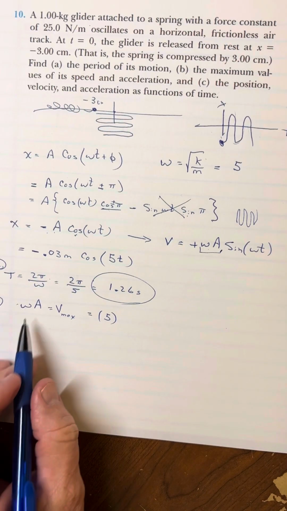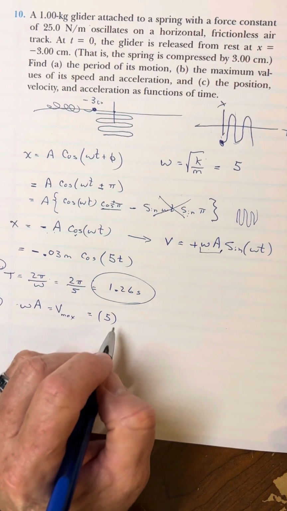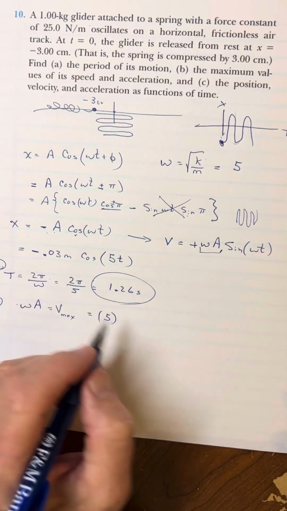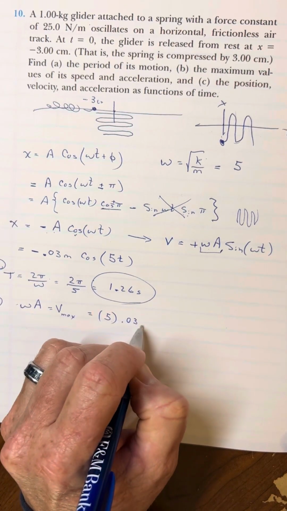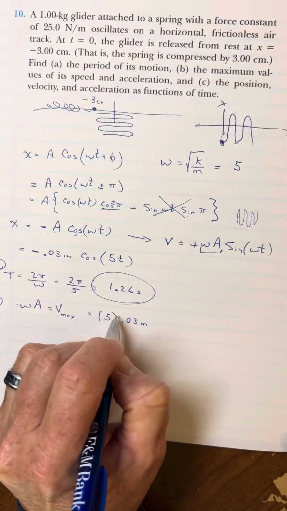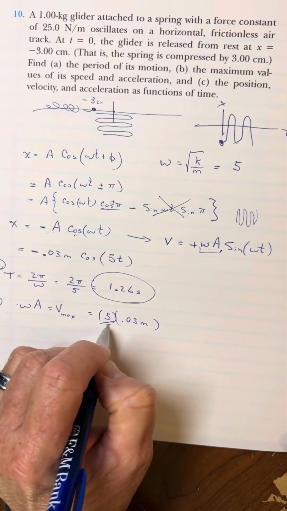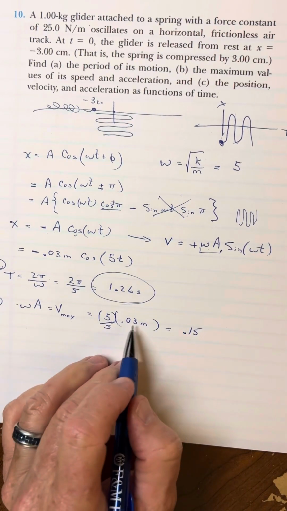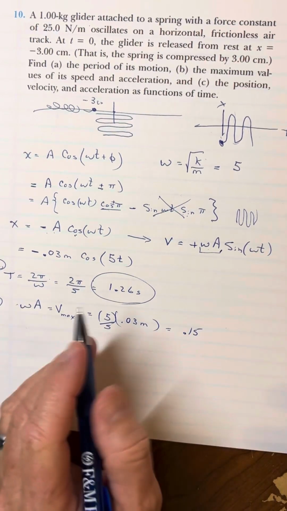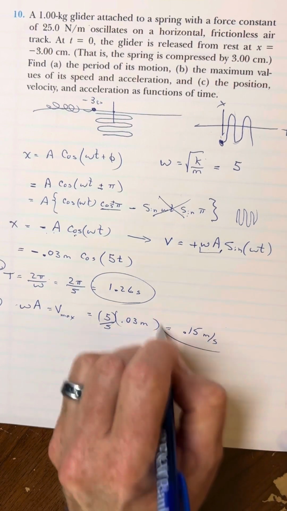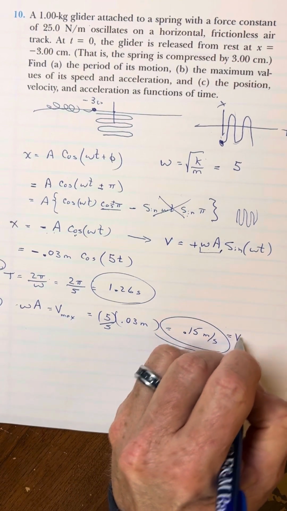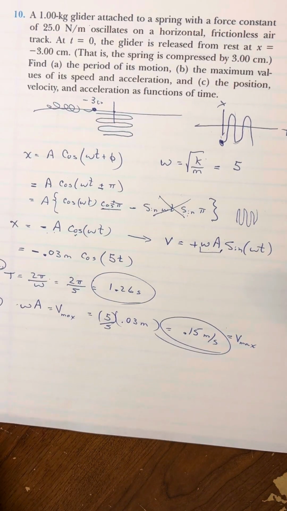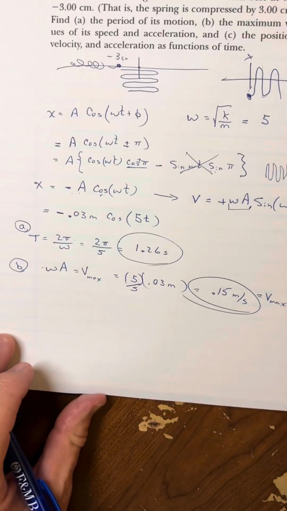We have our omega, which is 5 radians per second, and our amplitude, which is 0.05 meters. Together, 3 times 5 is 15, with 2 decimal places, in meters per second. So its max speed is 0.15 meters per second. Nice.